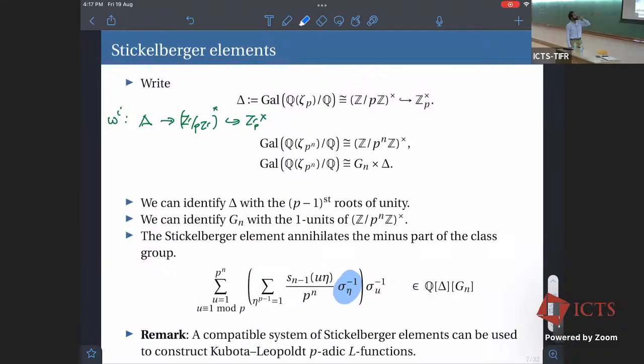I wrote down these Stickelberger elements in terms of these partial sums. But then again, if you follow your nose, the partial sums are also given by these p-adic digits.